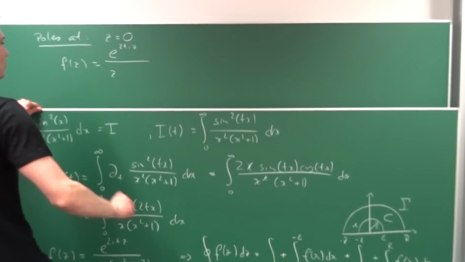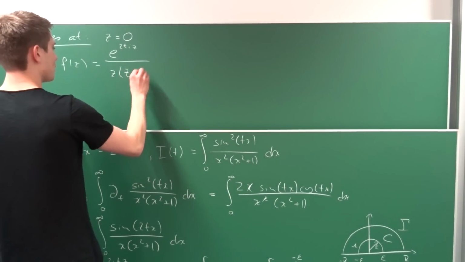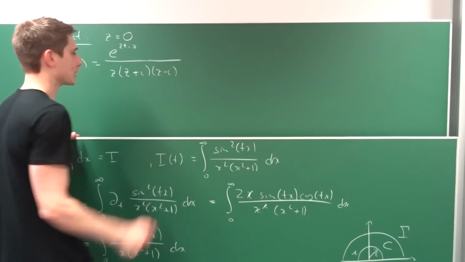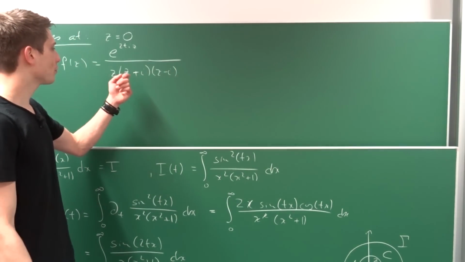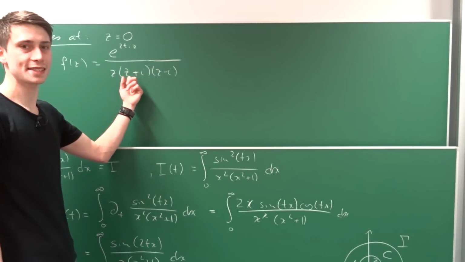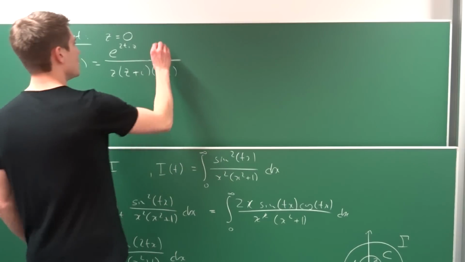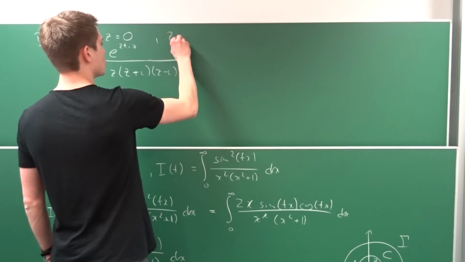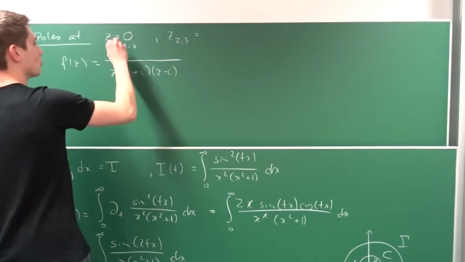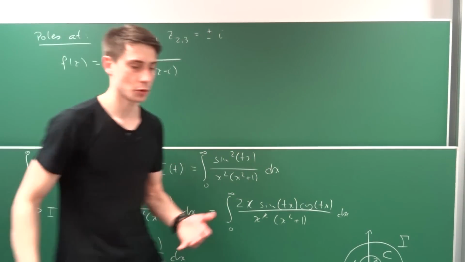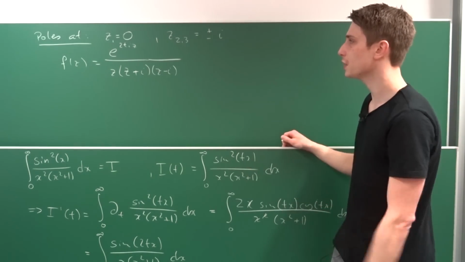Now we can use the binomial formula to break this up into z plus i and z minus i. That means we have other poles at minus i and positive i. I hope you see where this comes from. So this was pole 1, and poles 2 and 3 are at plus minus i. Great, so we have found our poles.